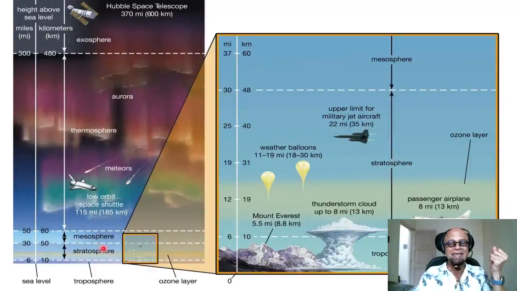So if we zoom in to the lower part of the atmosphere and go again from sea level to 10 kilometers, 19, 31, 40, and 48 to 60 kilometers, here we are now, with the troposphere looking much more obvious with its mountains and clouds.